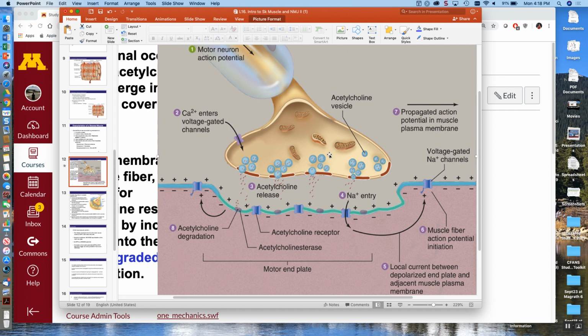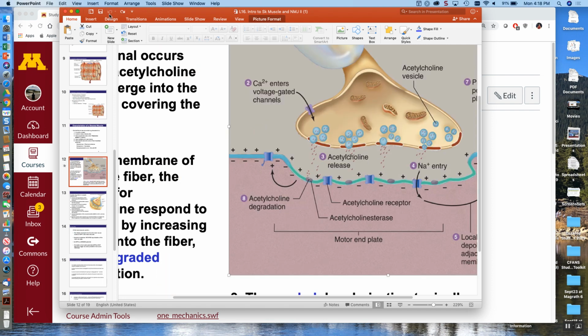So acetylcholine esterase is actually a really important part of relaxation of muscle. Right? You've got to get rid of those neurotransmitters in order to relax the muscle. So, pretty good? Feel pretty good?